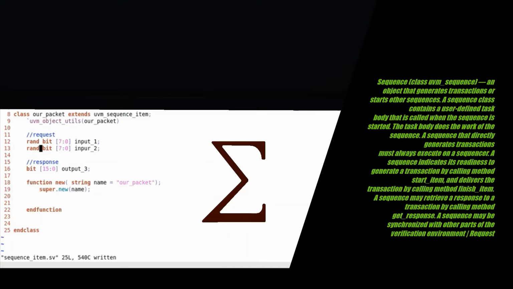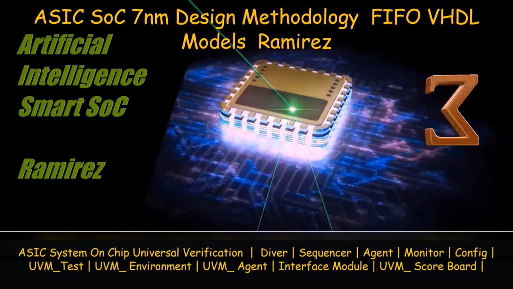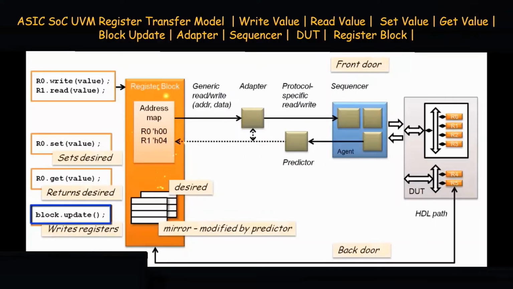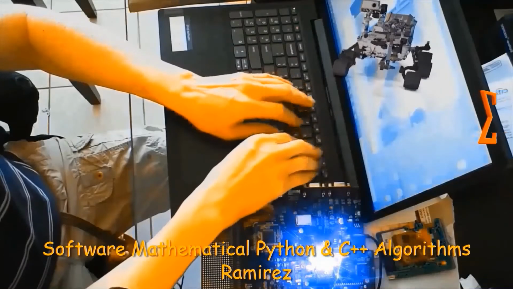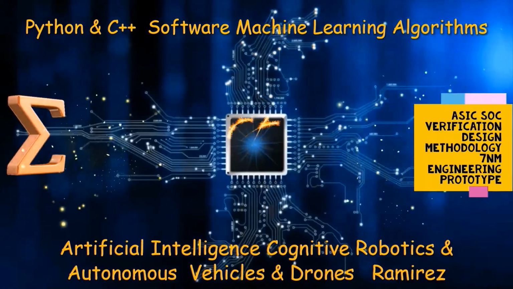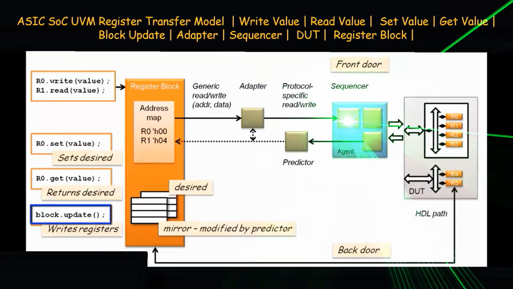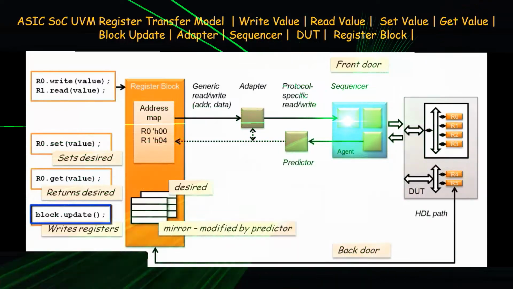Then it sends to the adapter the generic read-write address data directly from the address map for protocol-specific read-writes to the sequencer, and it generates transactions and transfers and reads information to the DUT, the device under test.